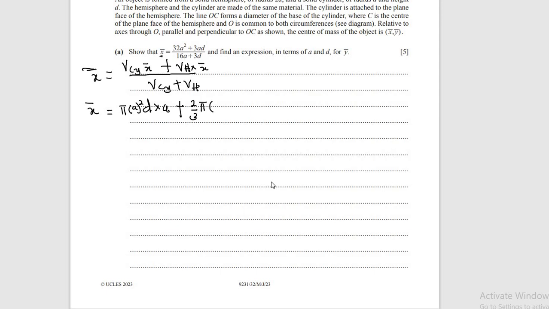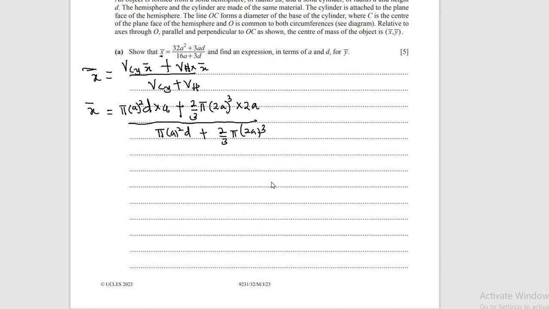In this question, the radius of the hemisphere is 2a, multiplied by the horizontal center of mass position of the hemisphere, which is 2a, all over the total volume. That will be pi r squared h plus 2/3 pi r cubed.